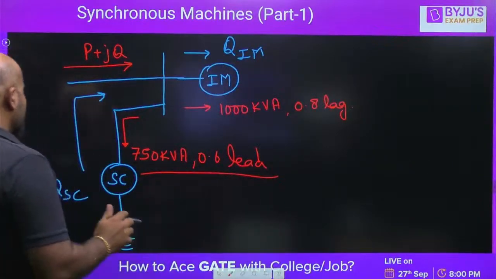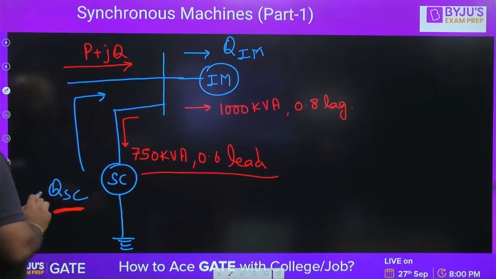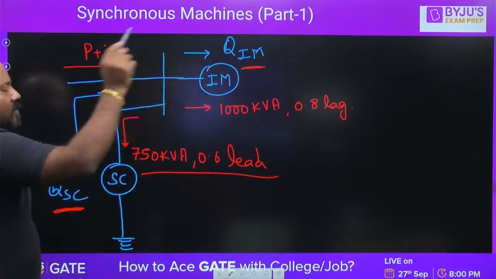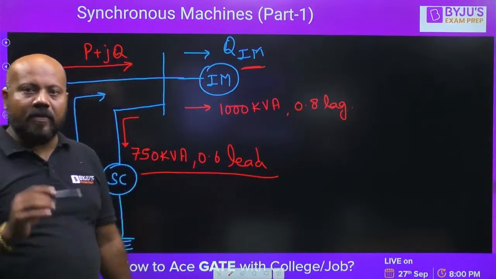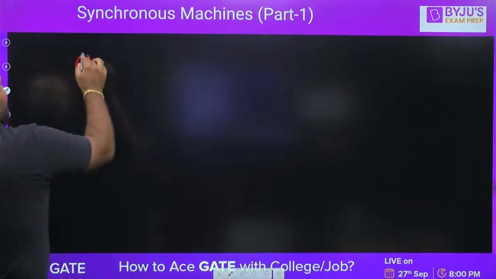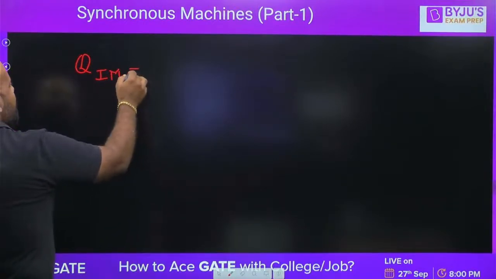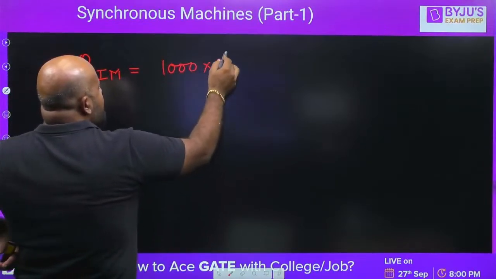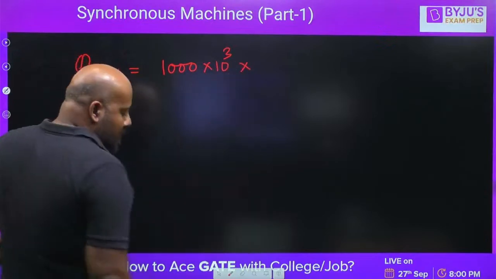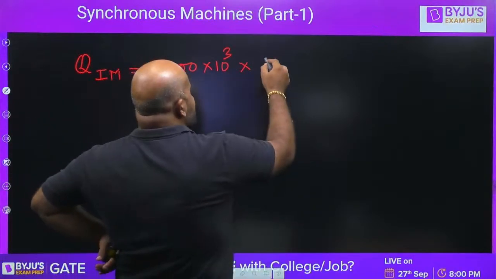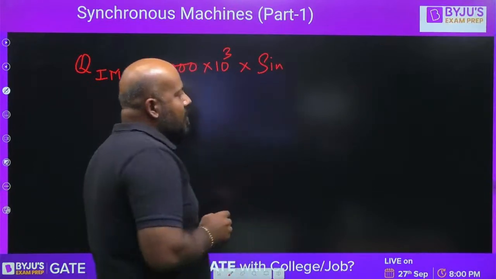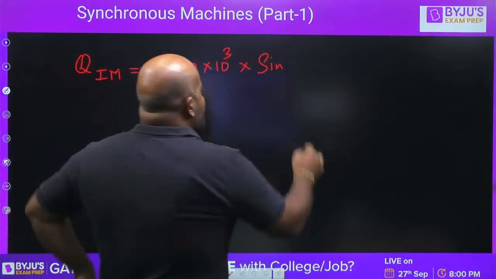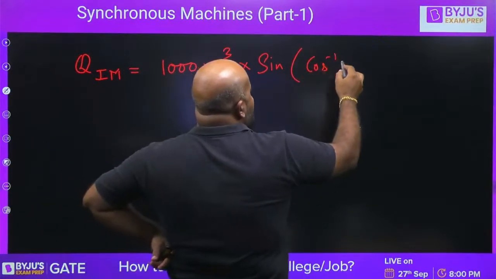So the first thing I must confirm is the reactive power supplied by the synchronous condenser and the reactive power absorbed by the induction motor. Let me first write it. The reactive power absorbed by the induction motor is going to be 1000, because it is kVA, times sine of the power factor angle, so sine of cos inverse 0.8.